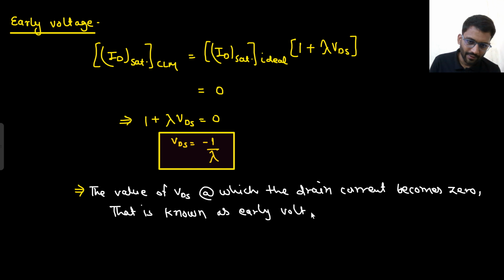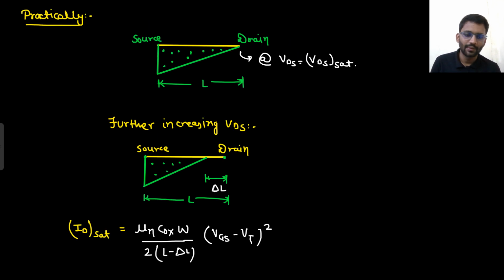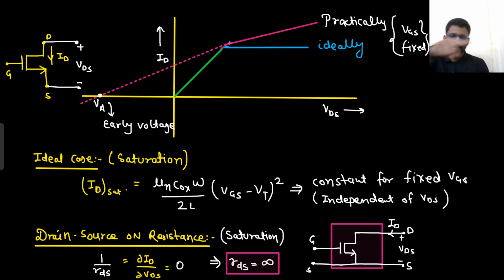So your early voltage is 1 by lambda in magnitude. And in the graph I showed you, if you extend it backwards, this is the early voltage. Conceptually, early voltage will never be used.